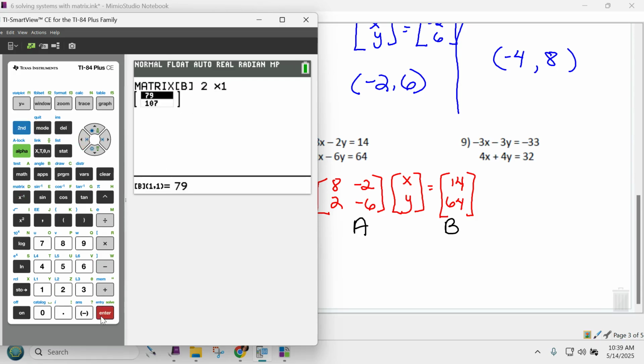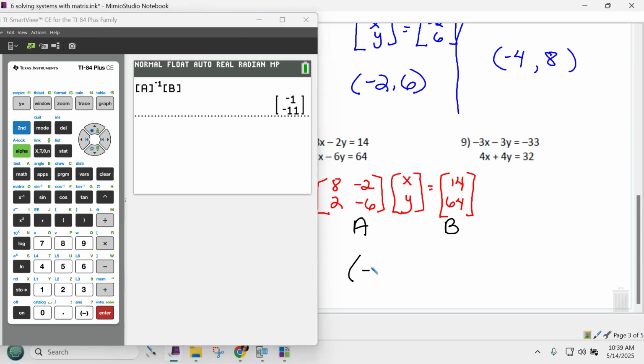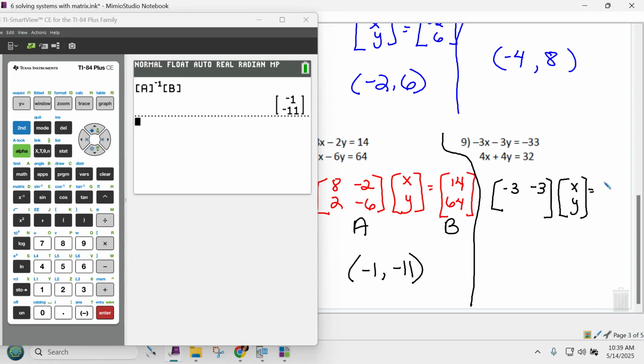And I gotta edit matrix B. Second enter brings me back what I just typed. I want to use A inverse B every time. And I get the point -1, -11. Last but certainly not least, write out your matrix equation.